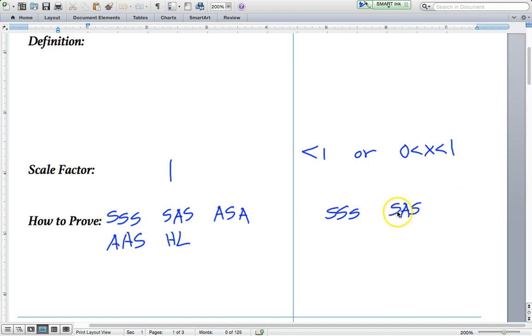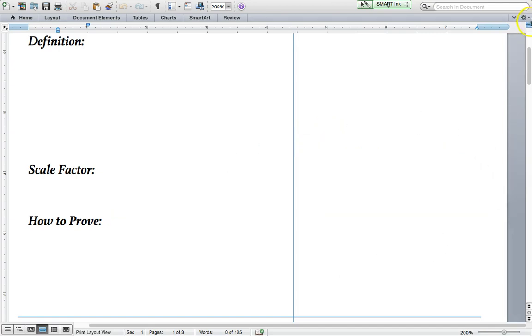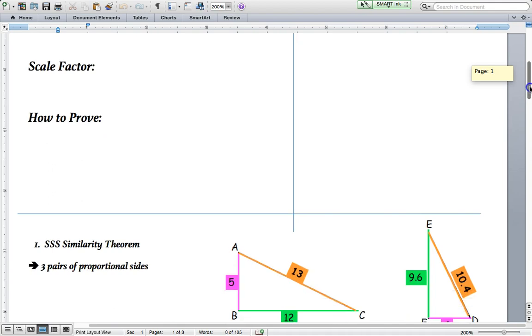So these sides don't need to be the same as each other, they need to be proportional. So you could have all 3 sides proportional, you could have 2 sides proportional and the angle in between congruent, or if you just know 2 angles are congruent, then you know the 2 triangles are similar. So those are some things to remember about congruence and similar that are a little bit different.